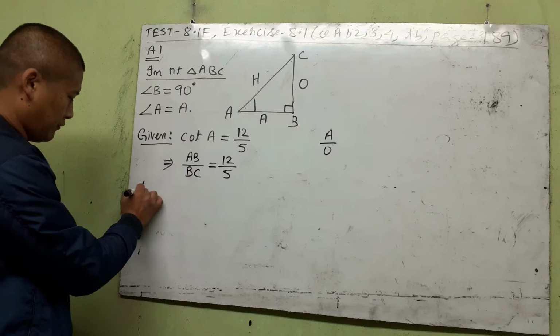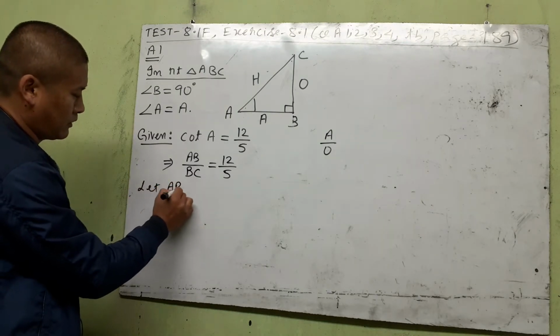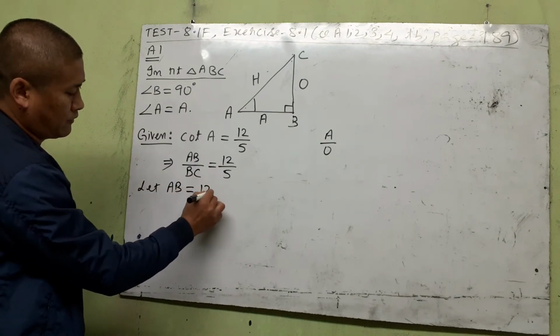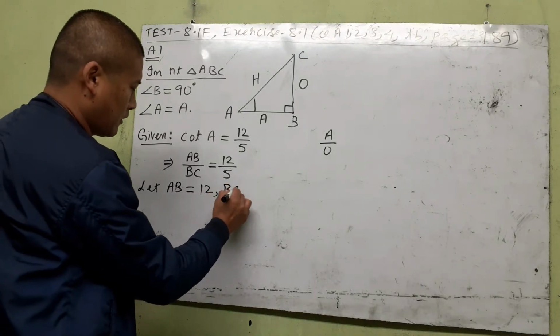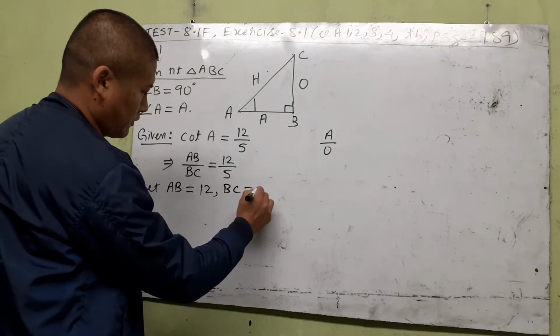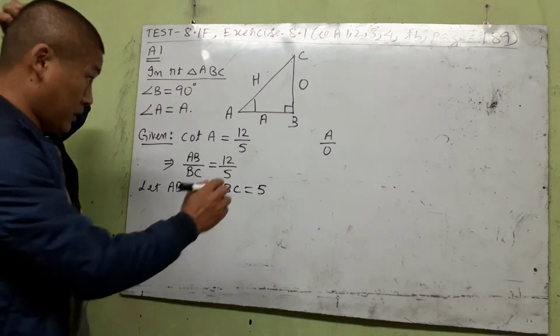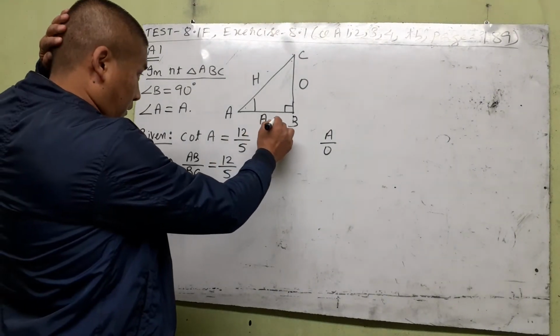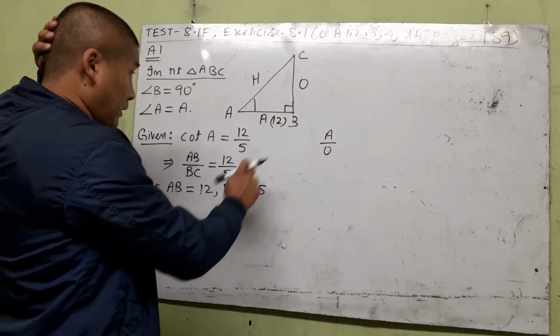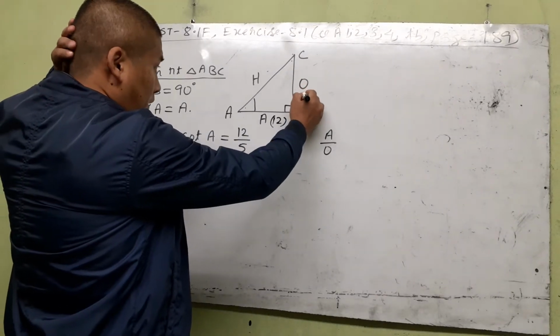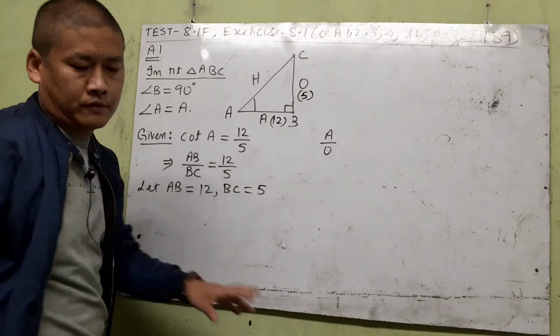So we can now assume that the numerator AB corresponding to 12 be 12 and the denominator BC corresponding to 5 be 5 units. So here AB is 12, BC is 5.